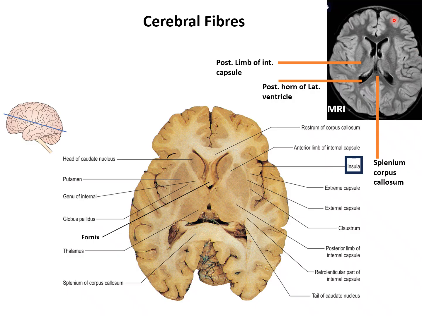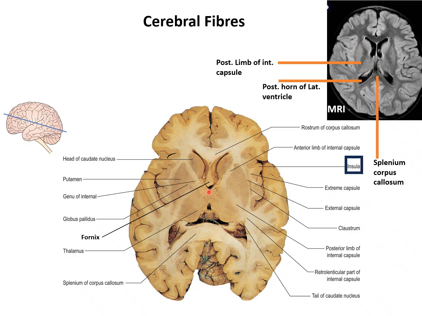You can also see the same section as in MRI. Here the internal capsule looks dark gray in color, between the masses of gray matter like the caudate nucleus, lentiform nucleus, and the thalamus.